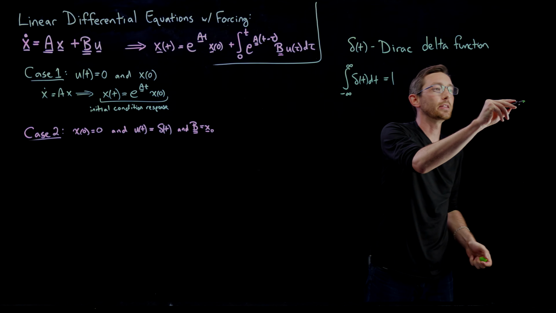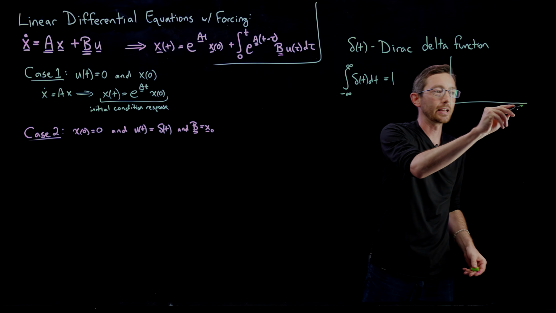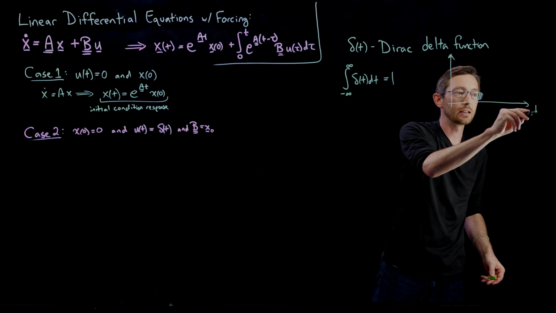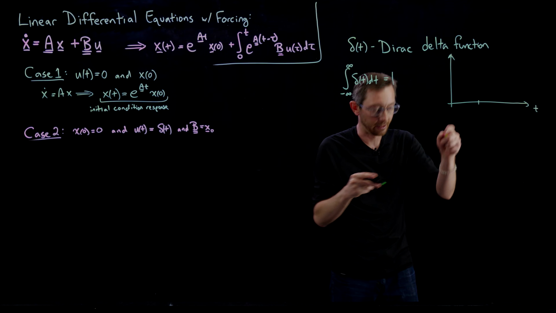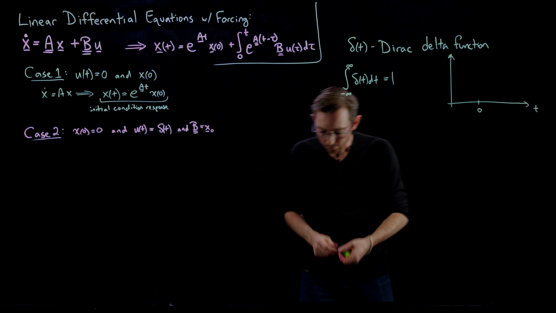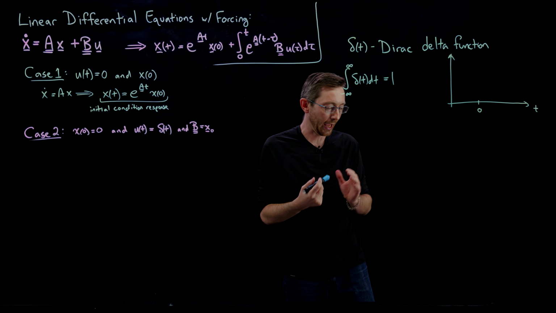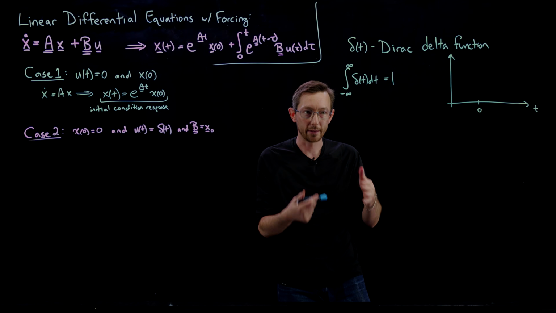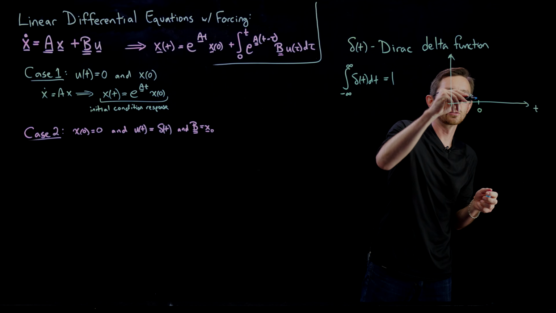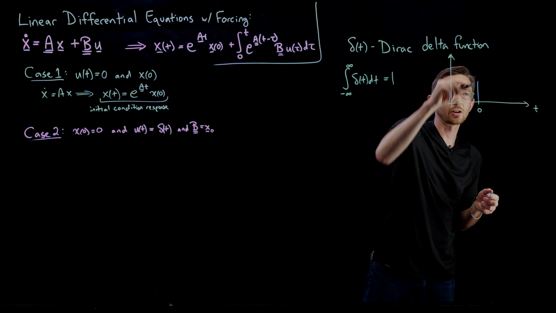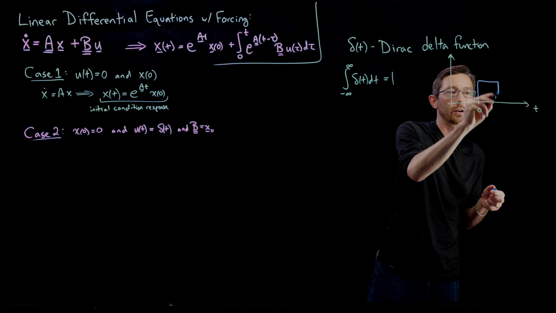If you like, you can think of it as the limit of a little rectangle. Let's say this is t, and let's say that this is 0. You can take a unit width rectangle, so it starts with height 1 and width 1.